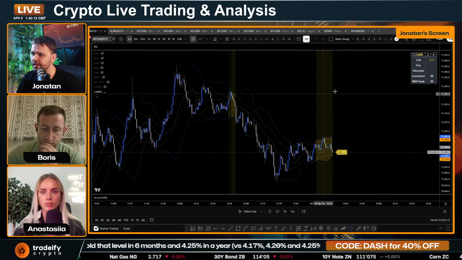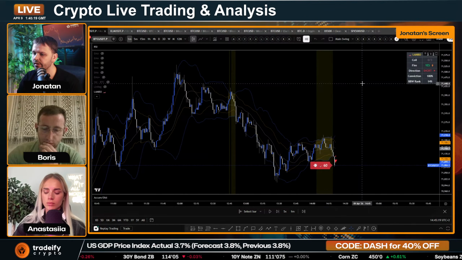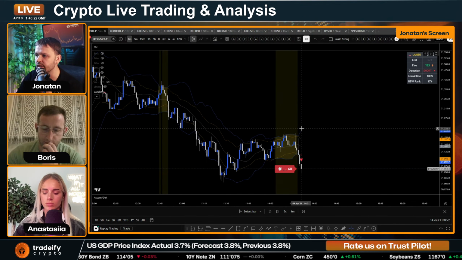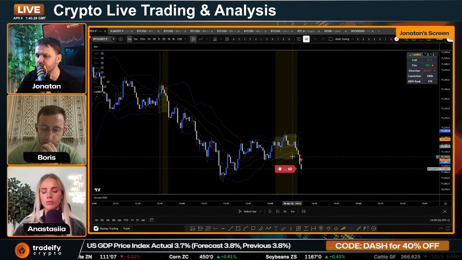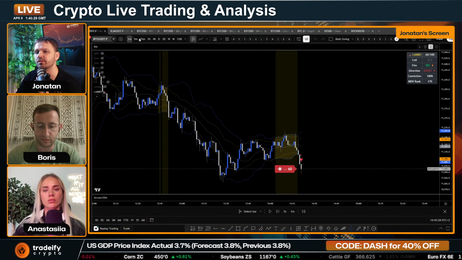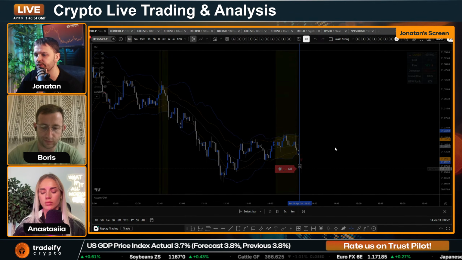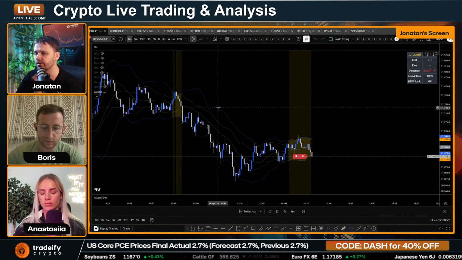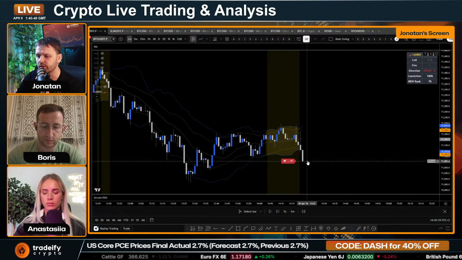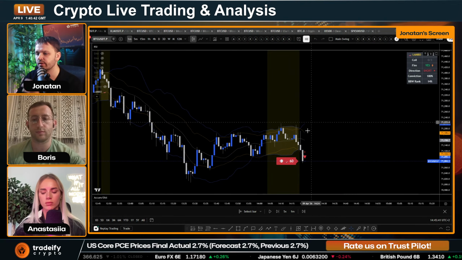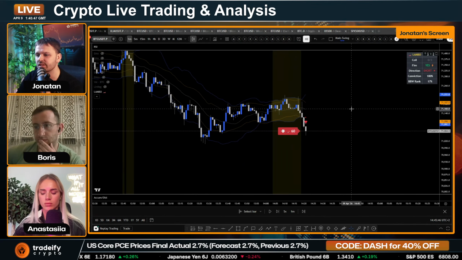So the idea here is that it's firing a short signal here. So fire, yes, and then short. This means that there's a volatility expansion to the downside on this candle right here. So on the close of this candle, there is a short signal. Now, this is on the 1 minute.